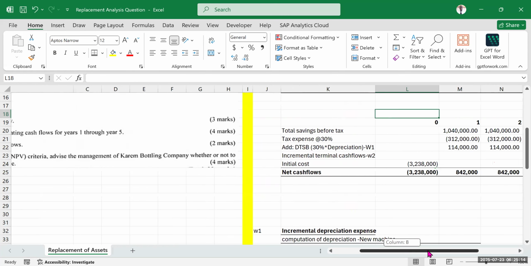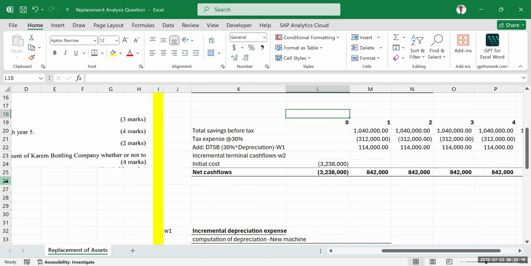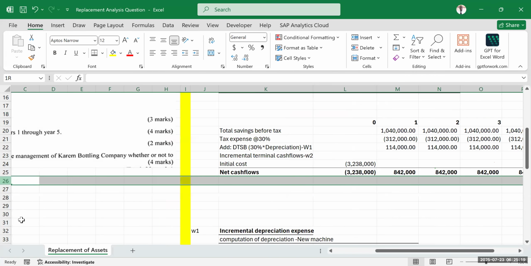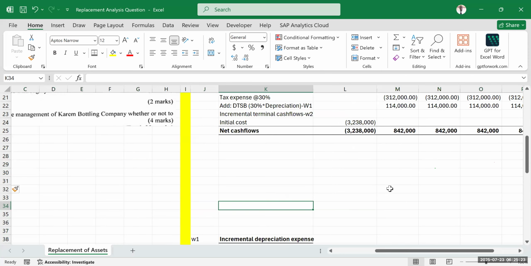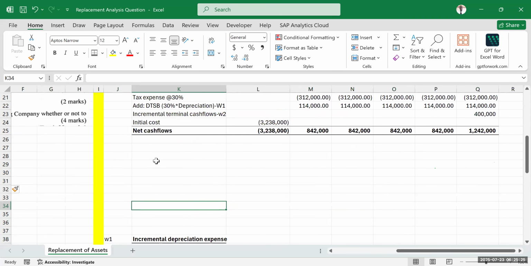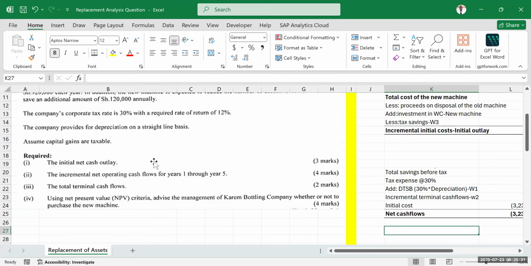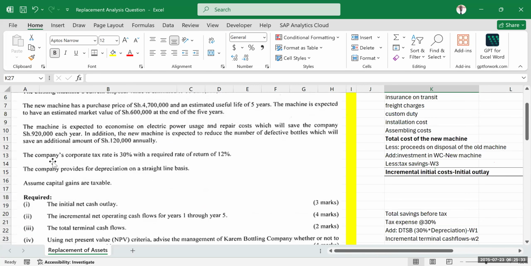We have our cash flows, so let's see what advice we are going to give management, whether to invest or not to take that route. And NPV is that evaluation tool we are supposed to use. In using NPV, the examiner gave us some information. After the corporate tax rate of 30%, they said with a required rate of return of 12%.